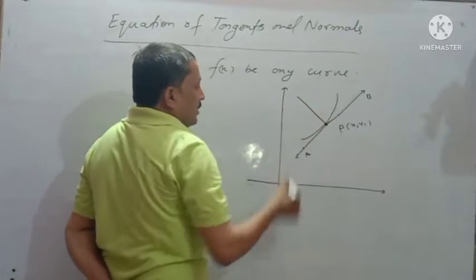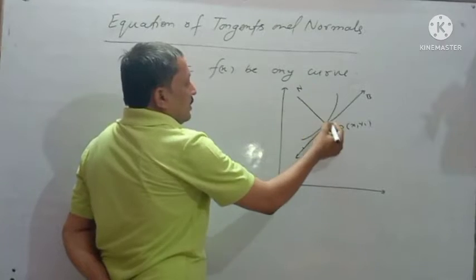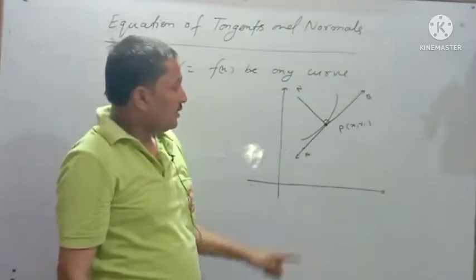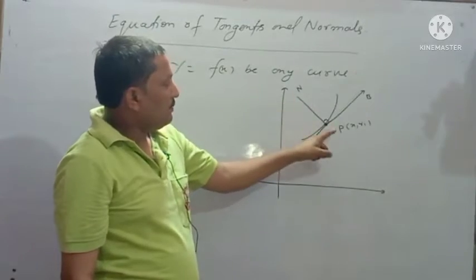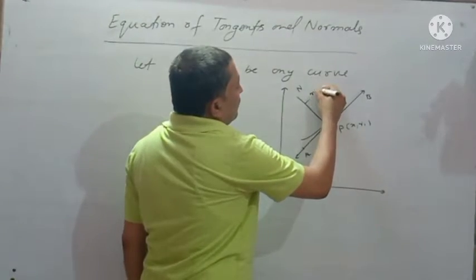A perpendicular PN on the tangent AB is known as the normal of the curve.